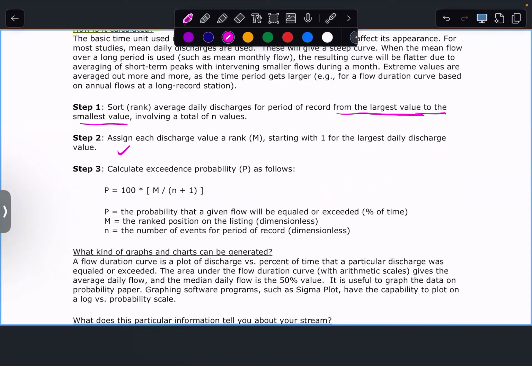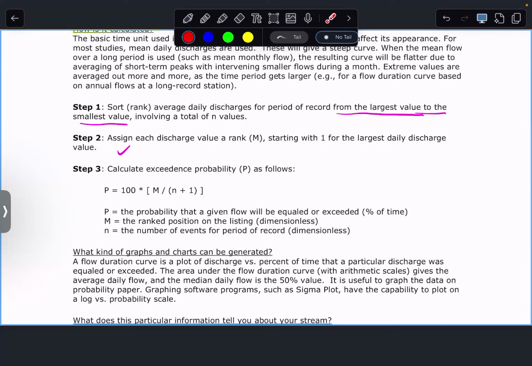Then we're going to calculate the exceedance probability. Now, the statistician in me has a hard time with the probability part, but I guess it is technically a probability. But all it is, you're taking the rank divided by however many locations you have plus 1.